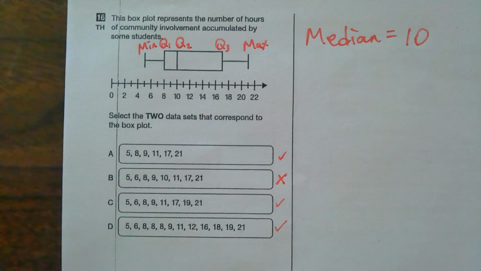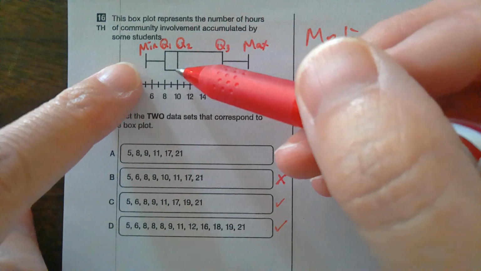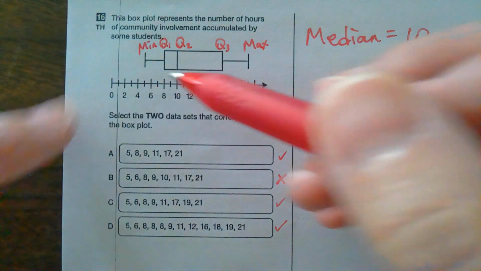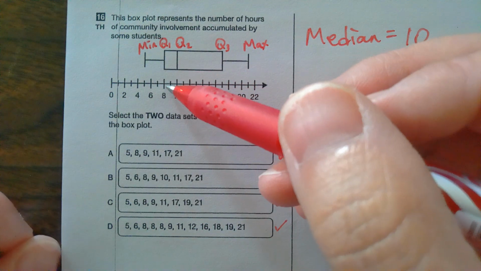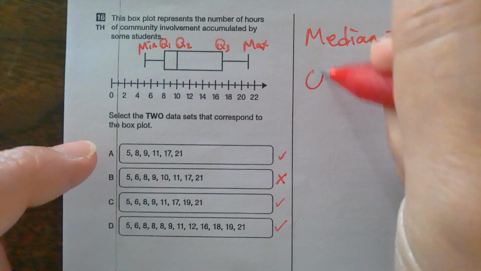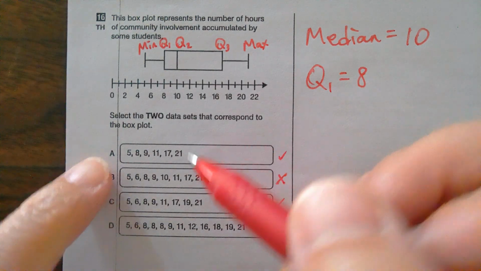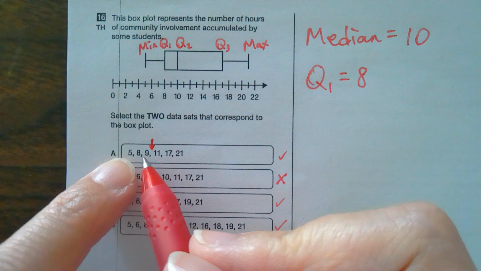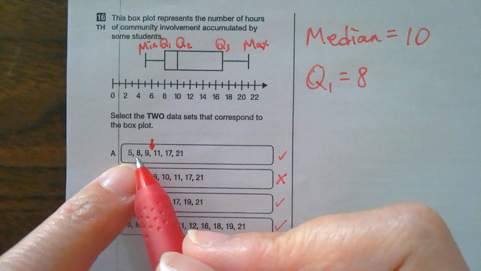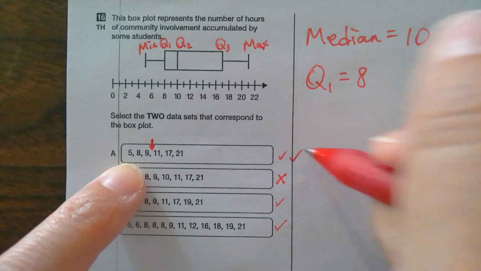So that's satisfied. The next thing I have to do is figure out which one has a Q1 of 8, for example. If I take a look at this set, my median was in here. Between 5 and 9, my Q1 is 8 right here. So yep, that satisfies it.